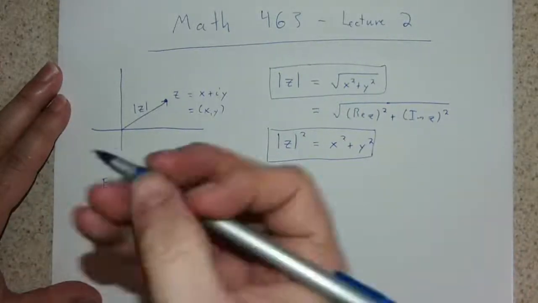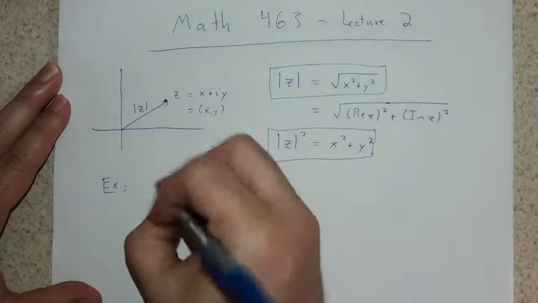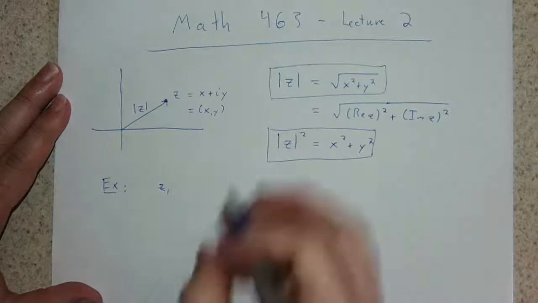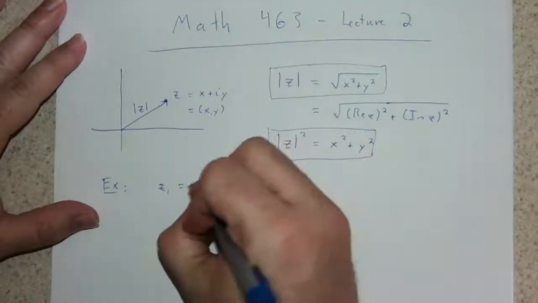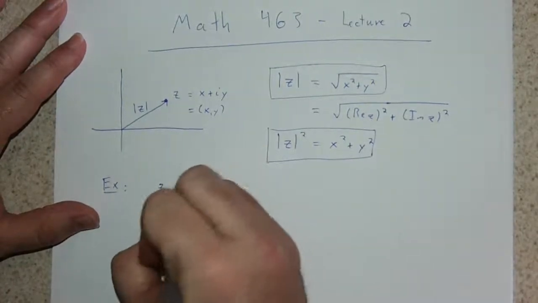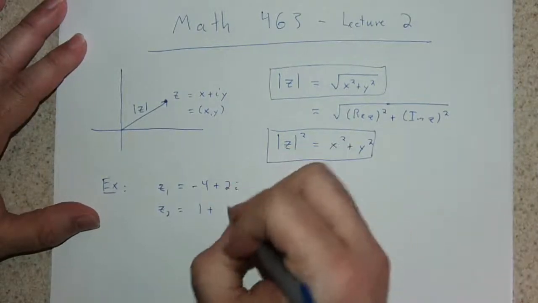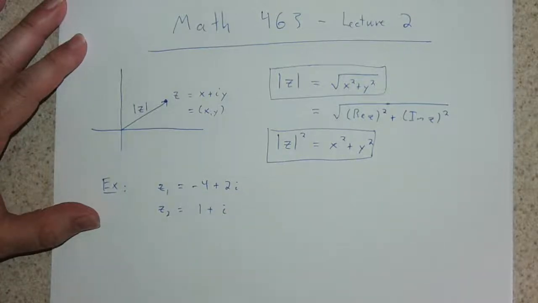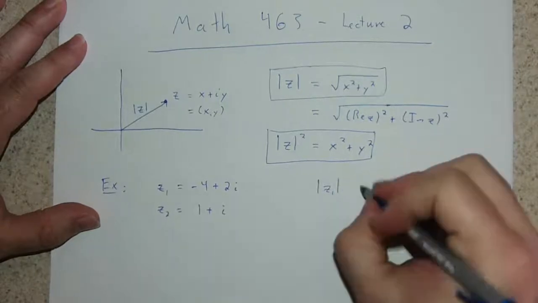the textbook uses a simple example here. Actually, I'm just going to pick some random numbers. Let z sub 1 be the complex number, let's say minus 4 plus 2i, and let z sub 2 be the complex number, we'll say 1 plus i. If we compute the modulus of z sub 1, what do I get here?